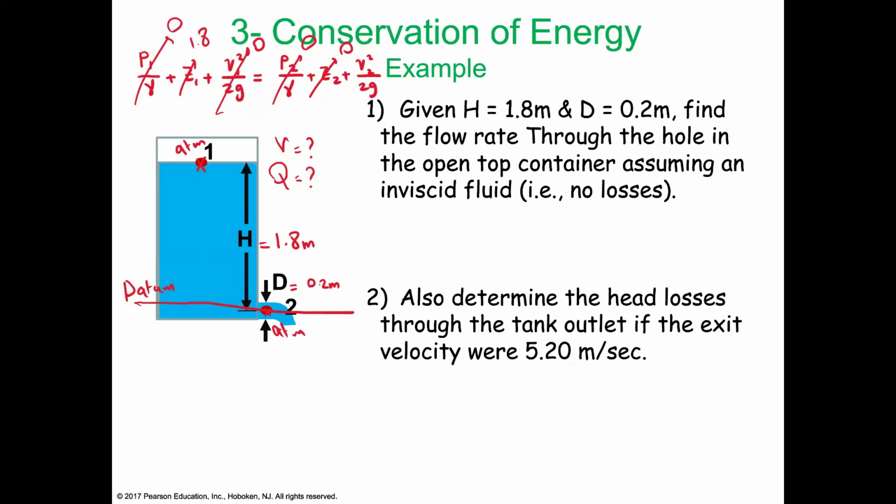So you just need to write V squared at point 2 over 2G is equal to 1.8. And that's how we can find V2. Now, what's V2?